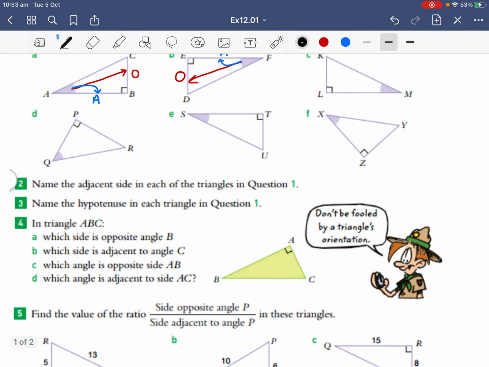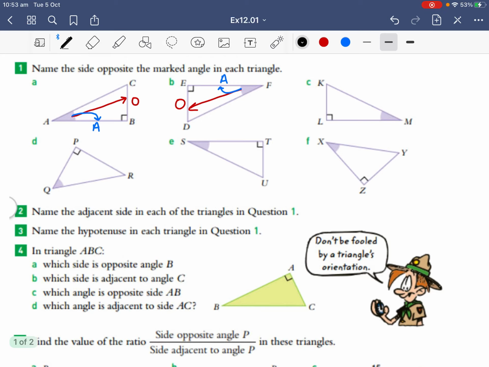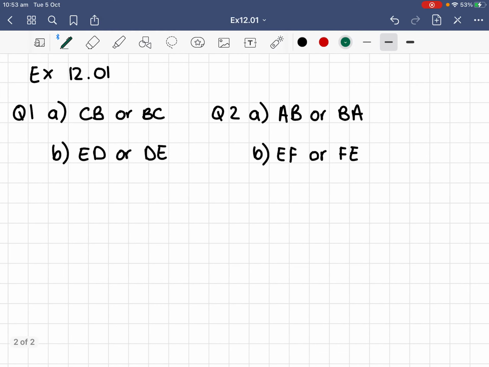So now for question 3, it asks us to name the hypotenuse in each of the triangles in question 1. How we find the hypotenuse is that it is directly across from our right angle. So we go to our right angle and we draw an arrow across, and that's how we find our hypotenuse. So our hypotenuse is the side AC for question 3. So question 3A is the side AC or CA.